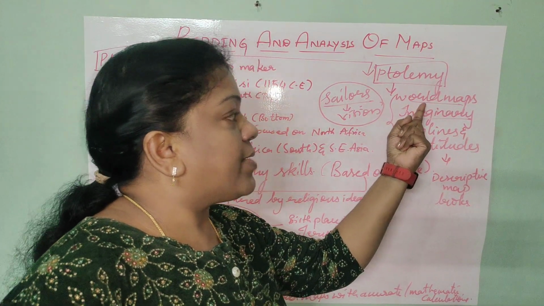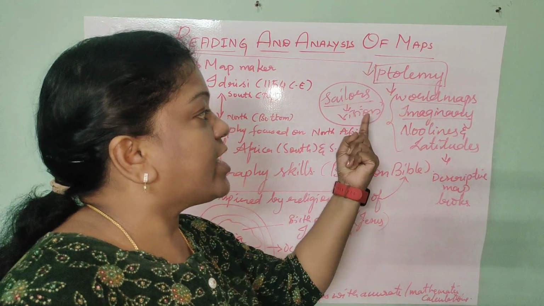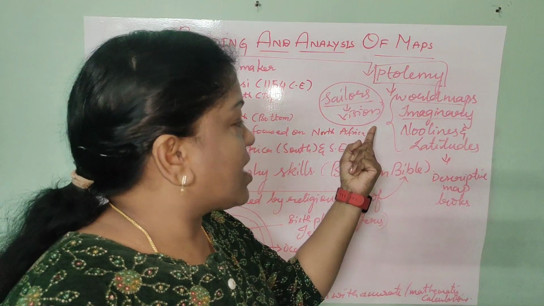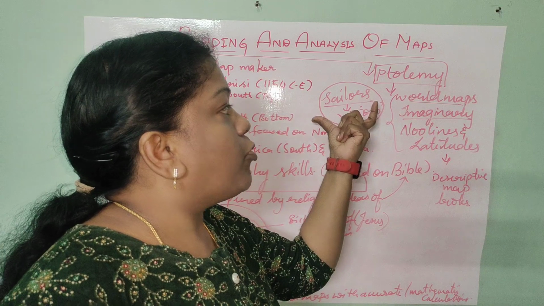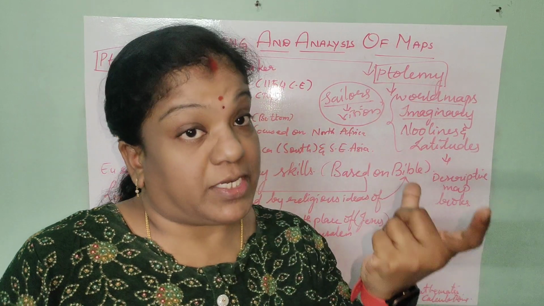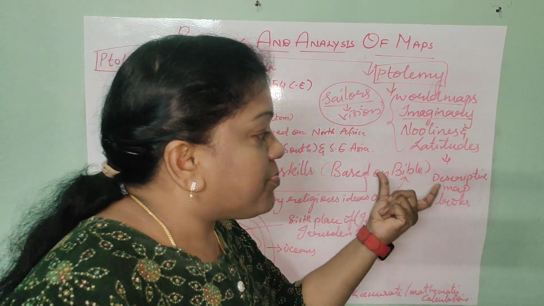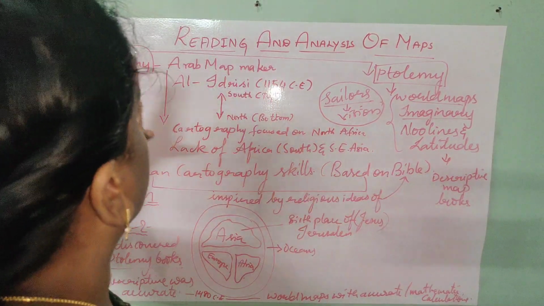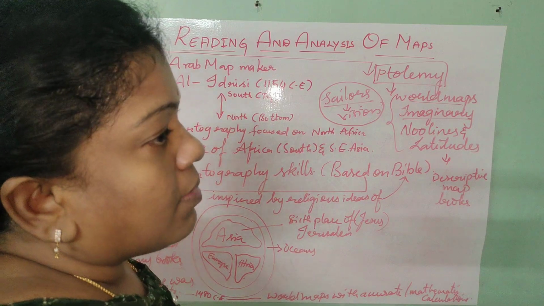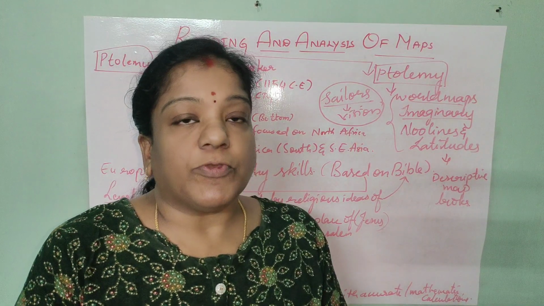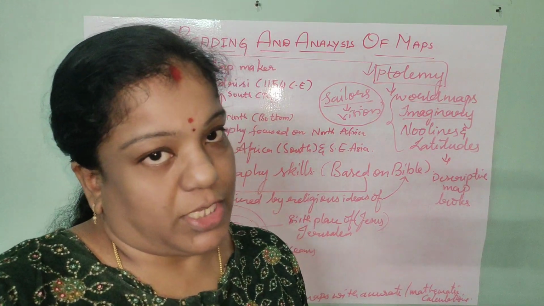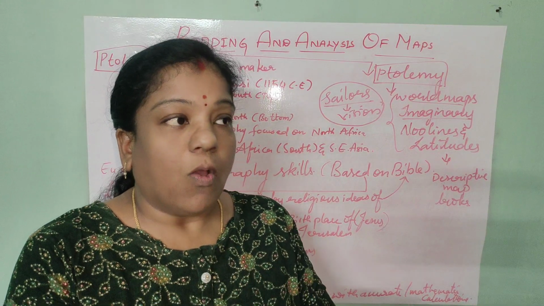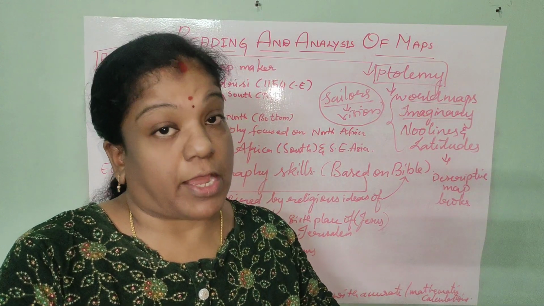And apart from this, in volume 1 and volume 2, he made discoveries with the support of sailors' visions from their sea explorations, which led him to accurate descriptive theory facts. Based on Ptolemy's books, future map makers or cartographers were expected to go with world map projections with accurate facts.